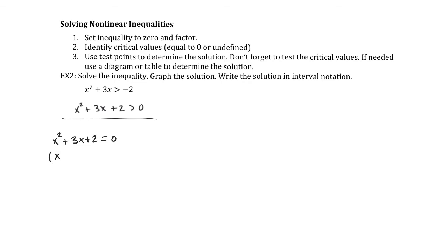I can factor here: x plus 2 times x plus 1. So my critical values are when the equation equals 0, and that happens when x equals -1 and -2. So those are my critical values.